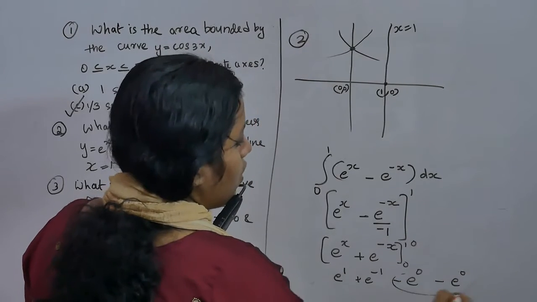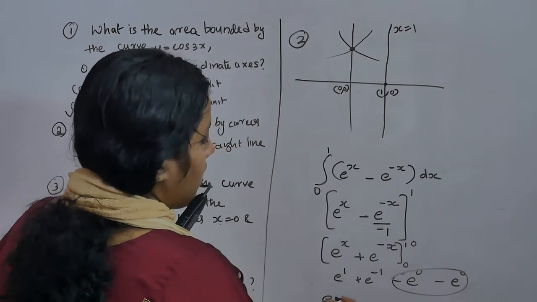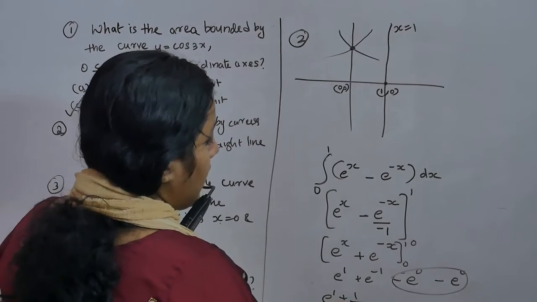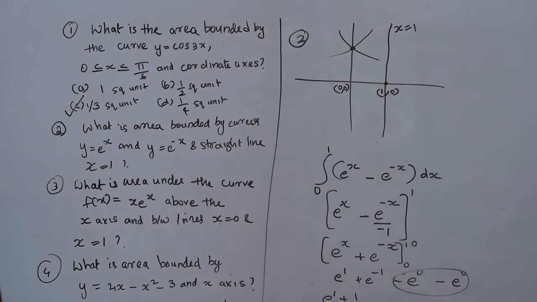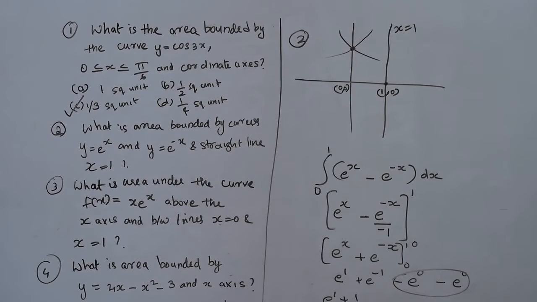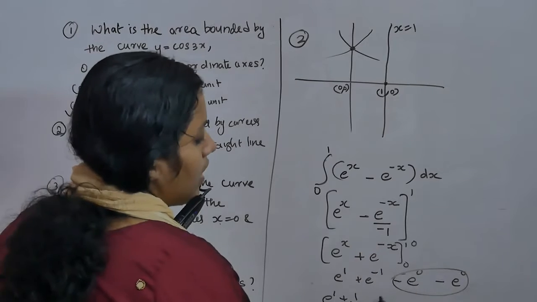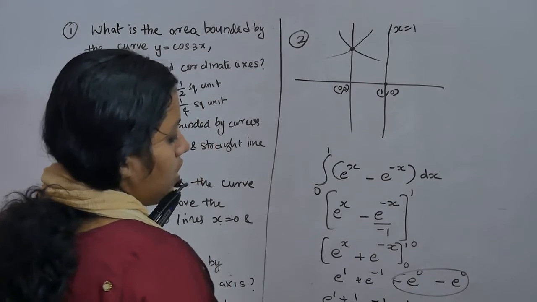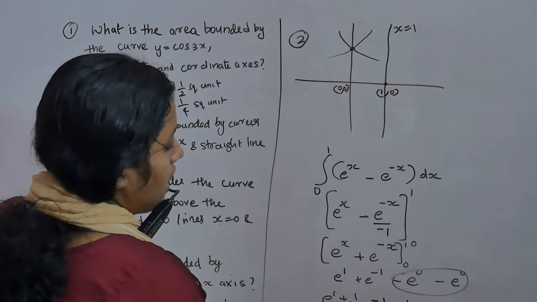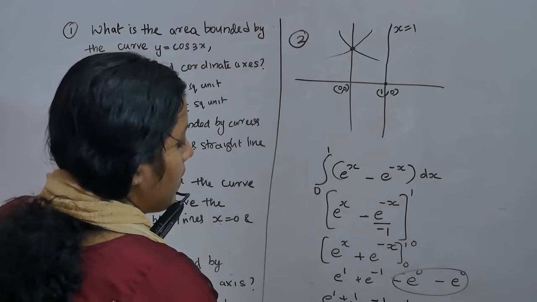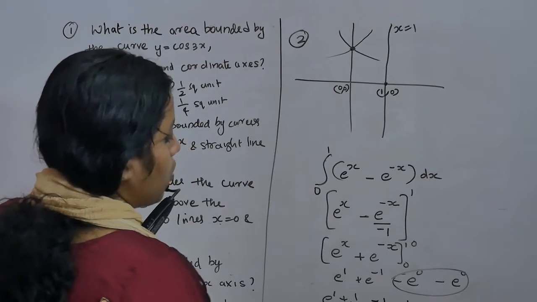That is e raised to 1 plus 1 by e. Now e raised to 0 is 1, so this part becomes minus 1 minus 1. So our answer will be e plus 1 by e minus 2.